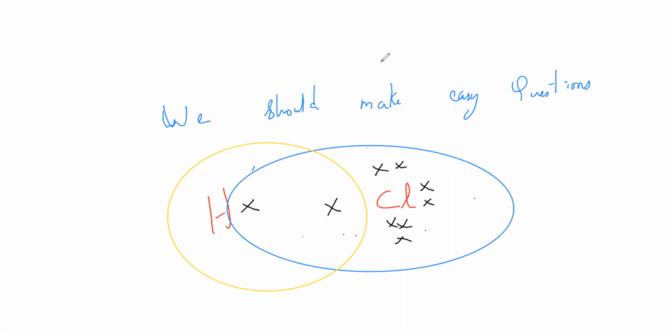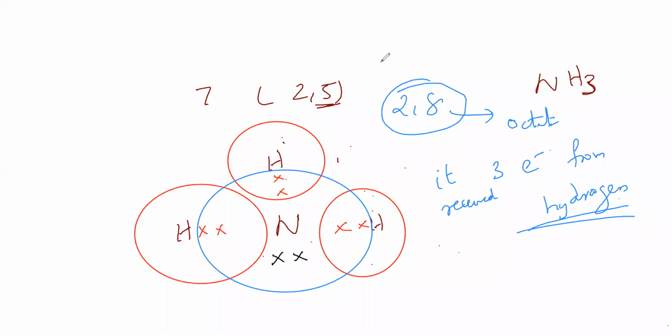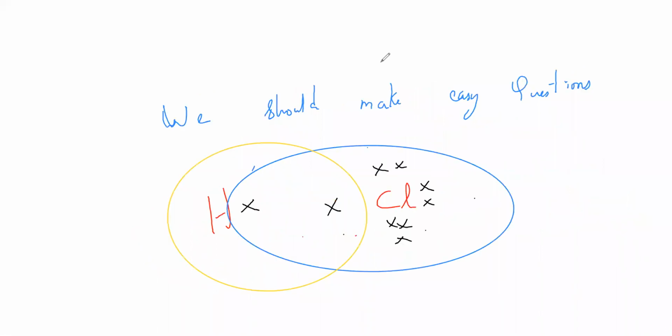The question I wanted you to make is just like NH3 or HCl. Chlorine is 17. Everyone agree with this? 2, 8, 7. So 7 electrons in the outermost shell.